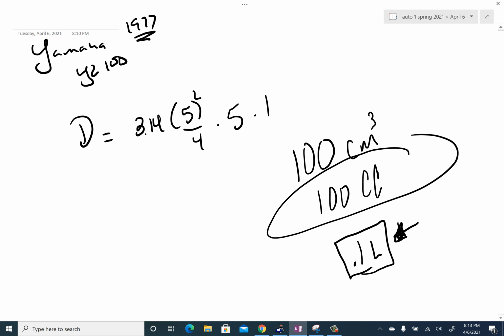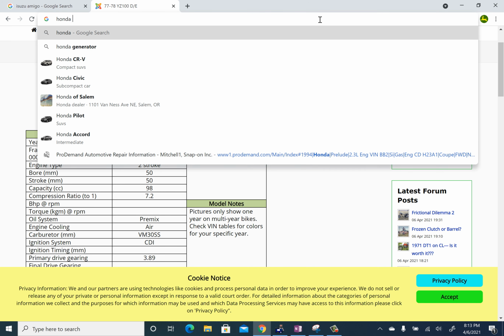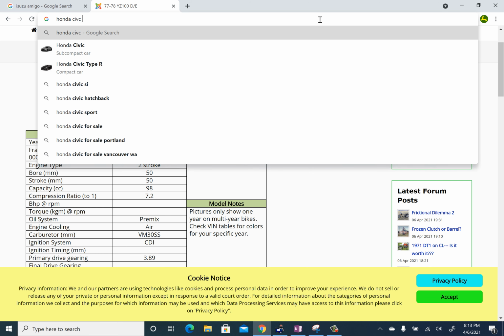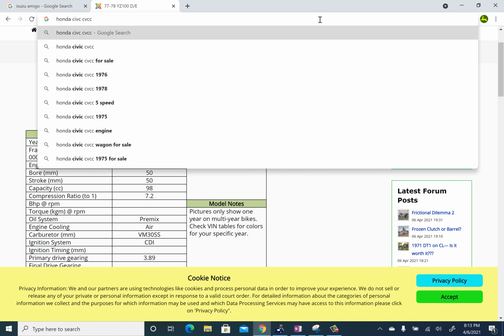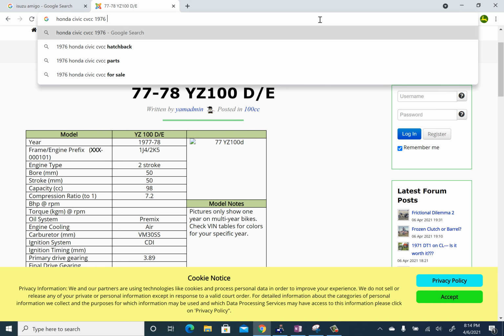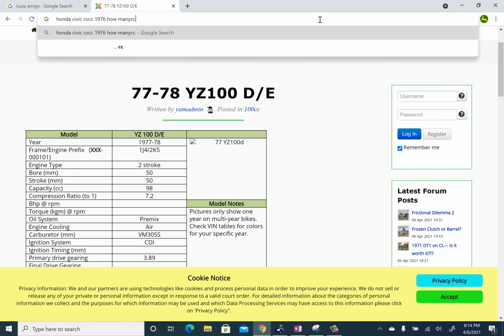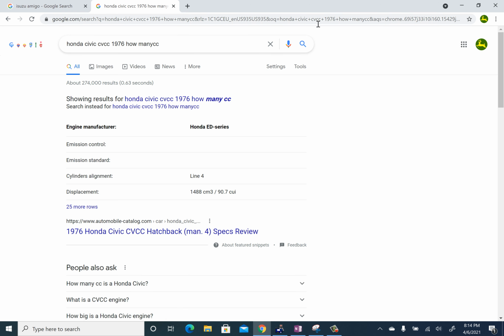Back in the olden days when Honda first started selling their cars in America, the Honda Civic CVCC, 1976 model. How many cc's? I think they were 1200 cc. Oh, this was a 1500 cc engine.